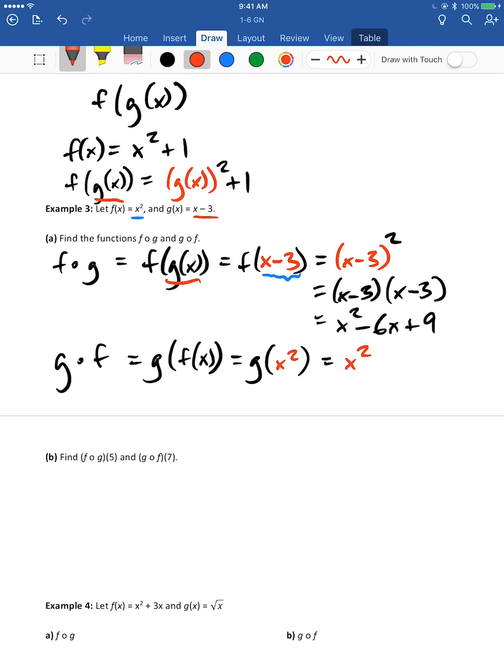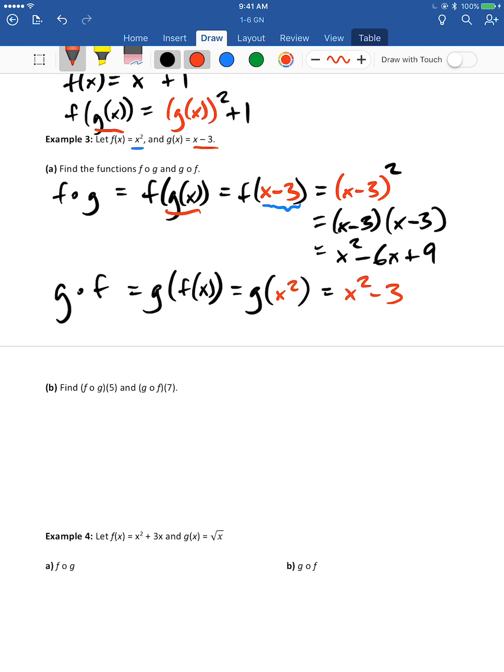X squared minus 3. And that's it. I'm done. I can't simplify that anymore. So those are two very different functions, x squared minus 6x plus 9 and x squared minus 3. Very different. Order matters.